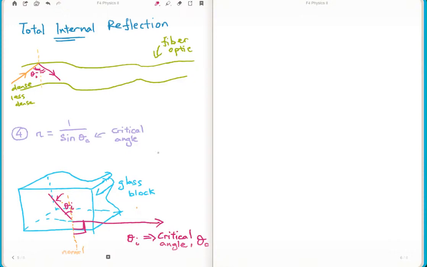It is actually the second way: n is sine of the angle in vacuum, which is 90 degrees, over sine of the angle you defined as the critical angle. Sine 90 is 1, therefore n is 1 over sine theta c. So this is what is meant by critical angle.